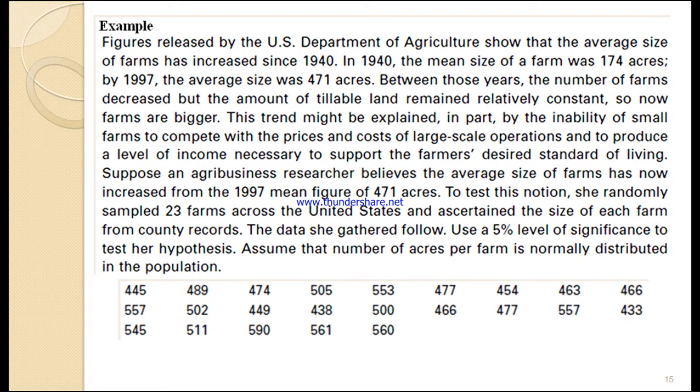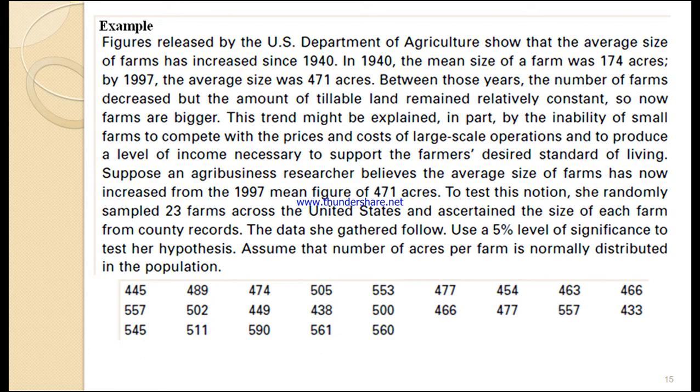Between those years, the number of farms decreased, but the amount of tillable land remained relatively constant, so now farms are bigger. This trend may be explained in part by the inability of small farmers to compete with the prices and the costs of large-scale operations and to produce a level of income necessary to support the farmer's desired standard of living.